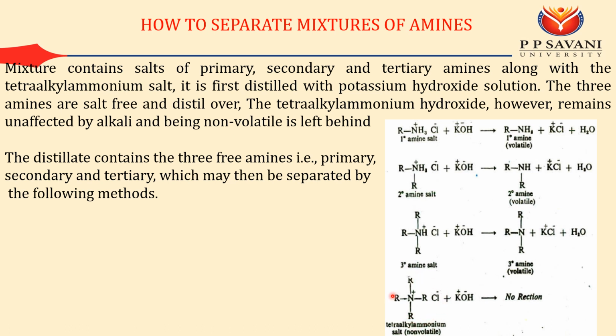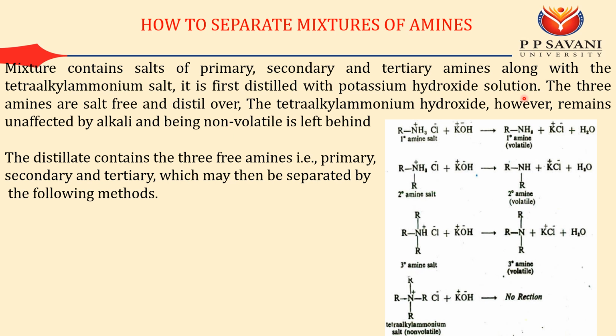So this will remain soluble in my solution, and all these three amines are insoluble. They will come out of the solution, and I can easily separate all three amines with the fractional distillation method, because all three amines have different boiling points. So first distill with potassium hydroxide solution.